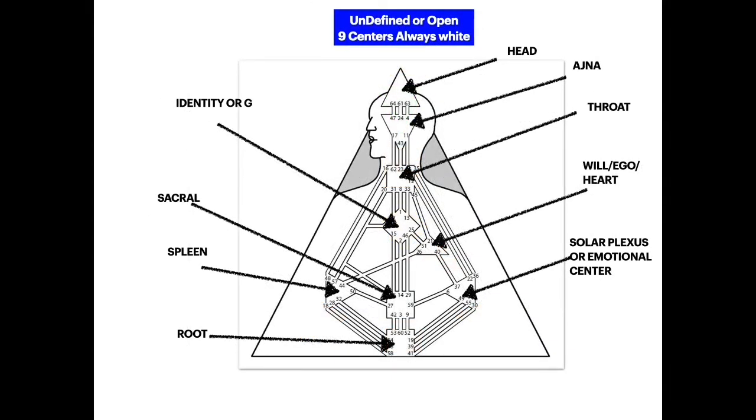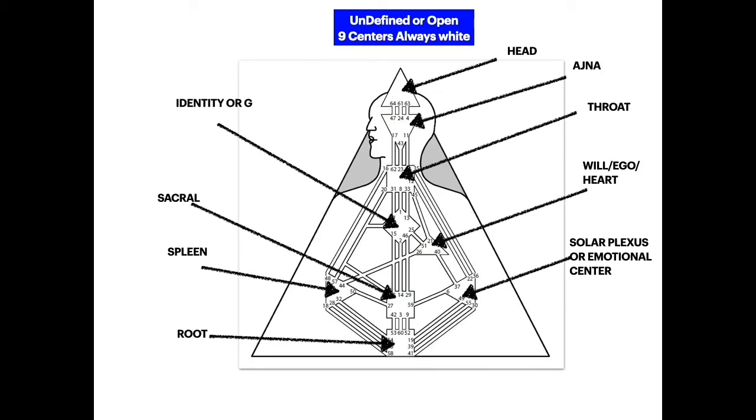So when we talk about open centers, we're talking about an energy that is fluid. And what that means is that the energy comes and goes based on who's around. If we know that anybody with a defined or closed center is a transmitter, and the frequency of the energy of those particular centers is shooting out and going everywhere, and people with open centers are absorbing this energy, not only do they absorb these frequencies, they make it bigger.